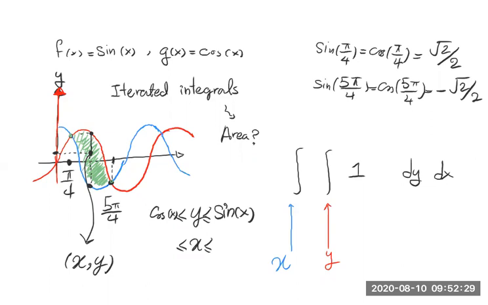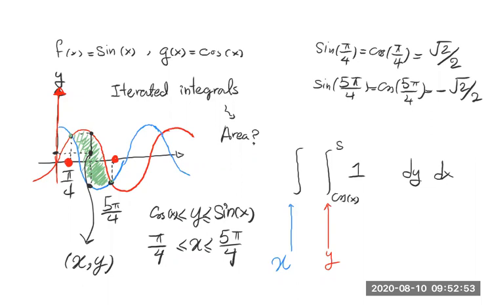Well, as I said earlier, x can be between pi over 4. It starts at pi over 4 and goes until 5 pi over 4, right? This is pi over 4 here, and this is 5 pi over 4. The value of x goes from pi over 4 to 5 pi over 4.